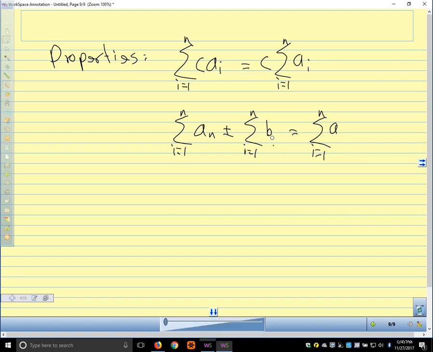This should be i, sorry. So we can combine those together into one sum. Yes. Then for this to work, they have to be the same.